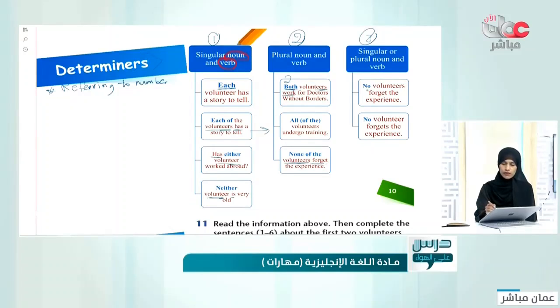That determiner is no. So I can say no volunteers forgot the experience, or no volunteer forgets the experience. You will see that this one is a singular noun, but this one is plural. So the word no could be used whether the noun is singular or plural.